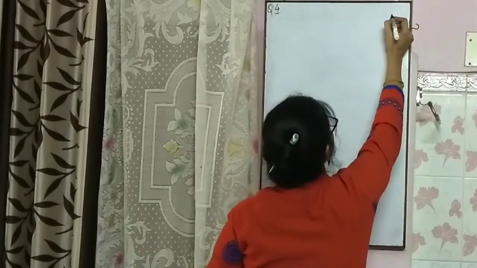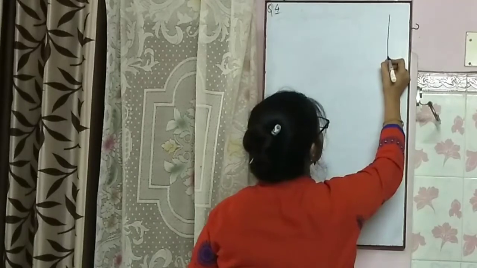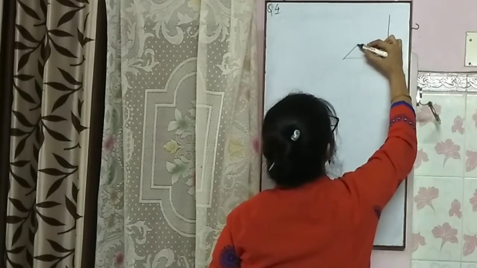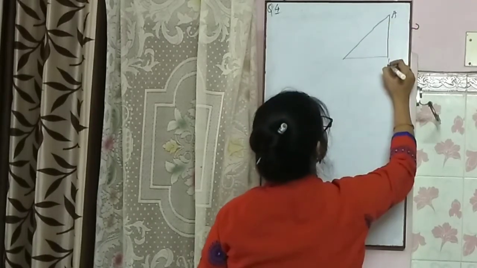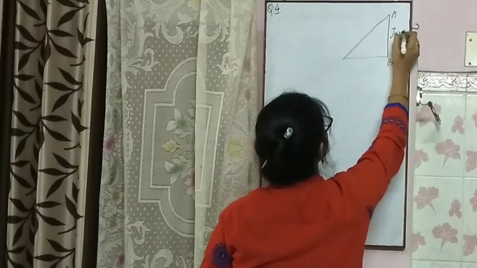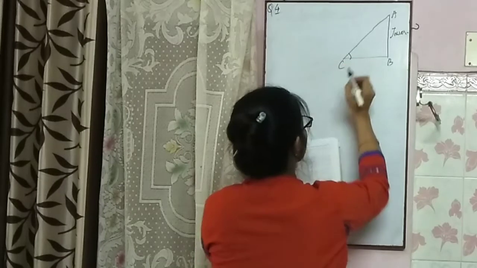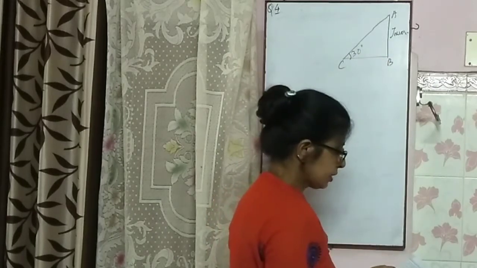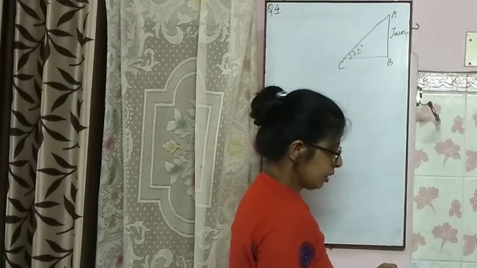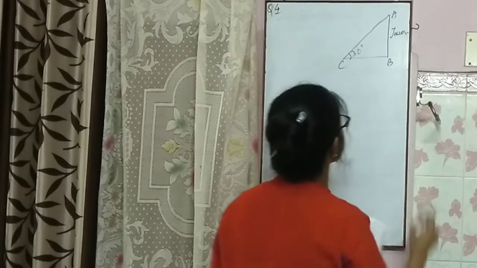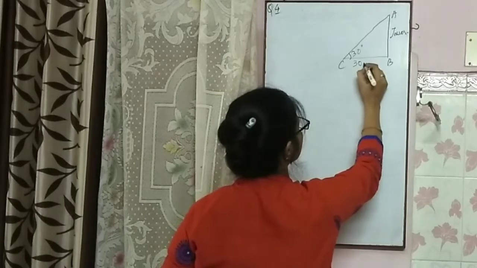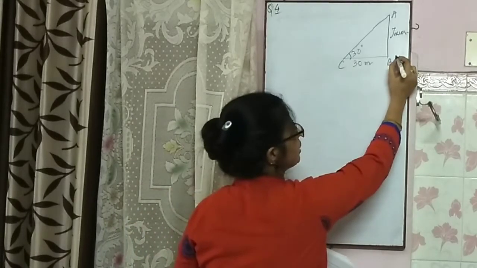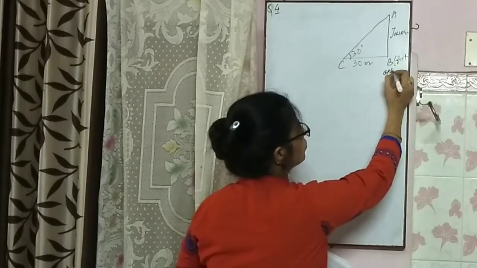Here is a tower, named AB, say the point is C. From this point, the angle of elevation is 30 degree, and this point is 30 meter away from the foot of the tower. This is the foot of the tower.